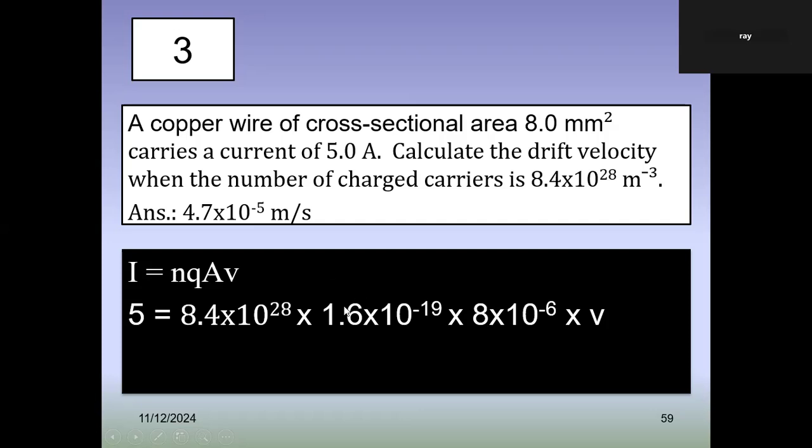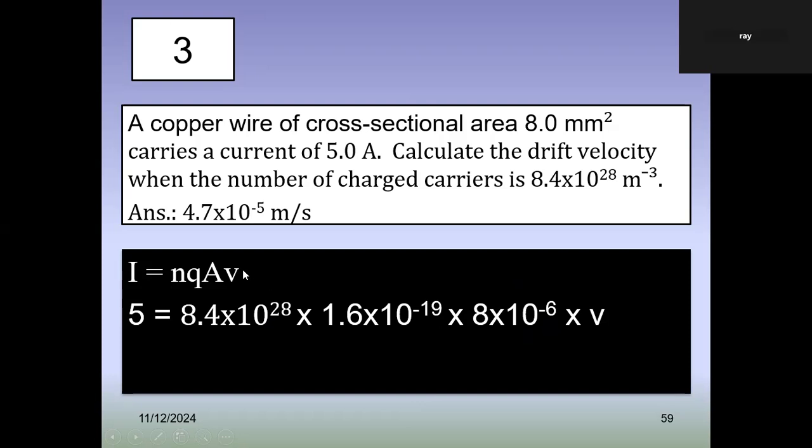Q is charge on electron or charge on proton. Oh, so Q is fixed variable, is it? Q is charge on electron. Can get from the formula sheet. That one you need to memorize or get from formula sheet. A is the cross-section area. Change it to meter. Then 10 to the power minus 6.